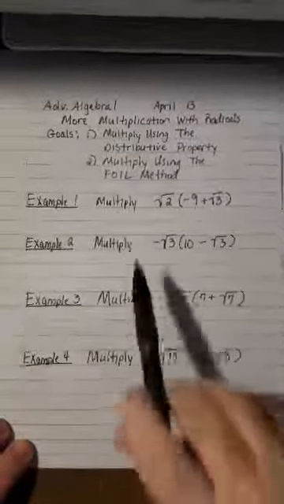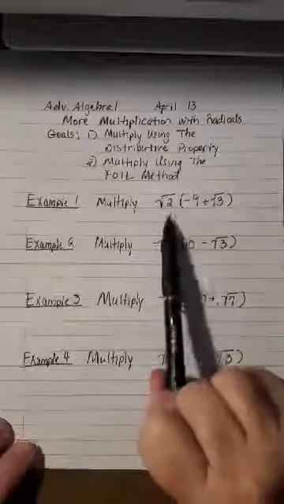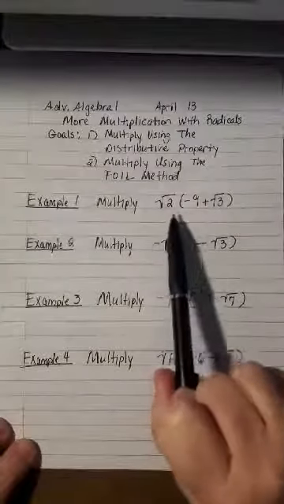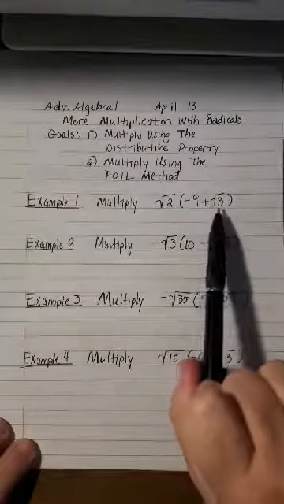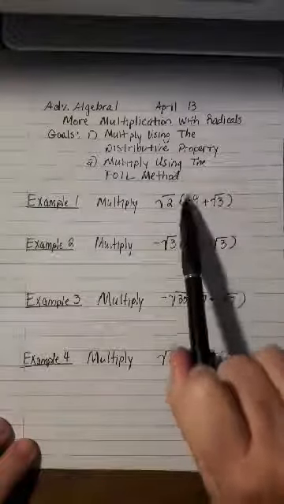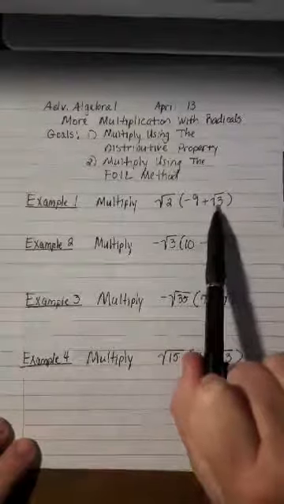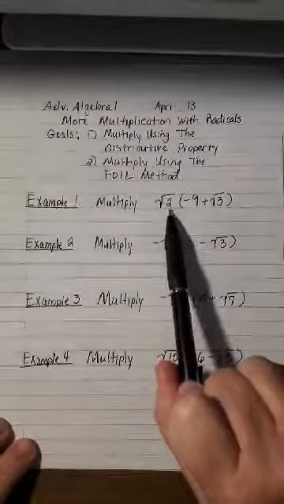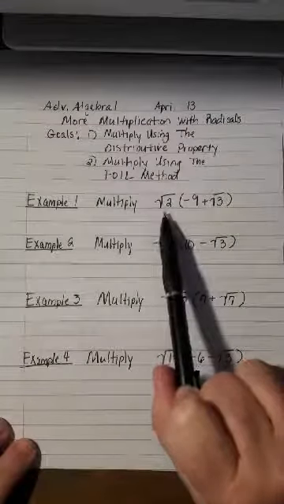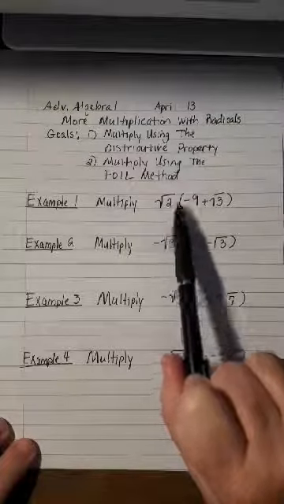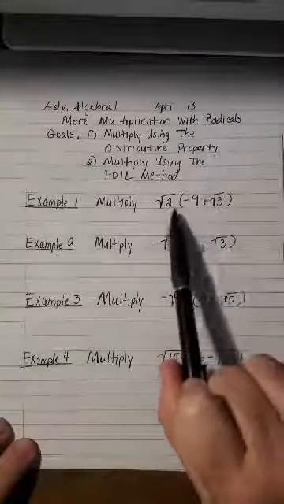We're going to multiply the square root of 2 times negative 9 plus the square root of 3. So you can see there's parentheses around the negative 9 plus the square root of 3. That indicates we're going to use the distributive property and multiply the square root of 2 times both of those things.